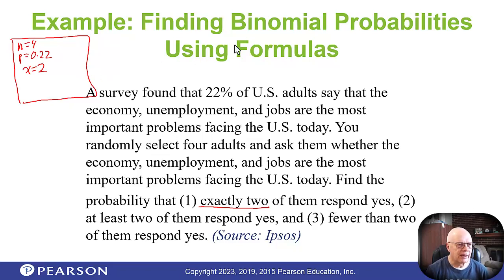And we'll get back to 2 and 3 in a moment. So how do we get that? We'll go to second vars. So you're going to need binomial PDF because we're talking about exactly 2. Put the numbers in. You pick 4. The probability is 0.22. And you're interested in getting exactly 2.